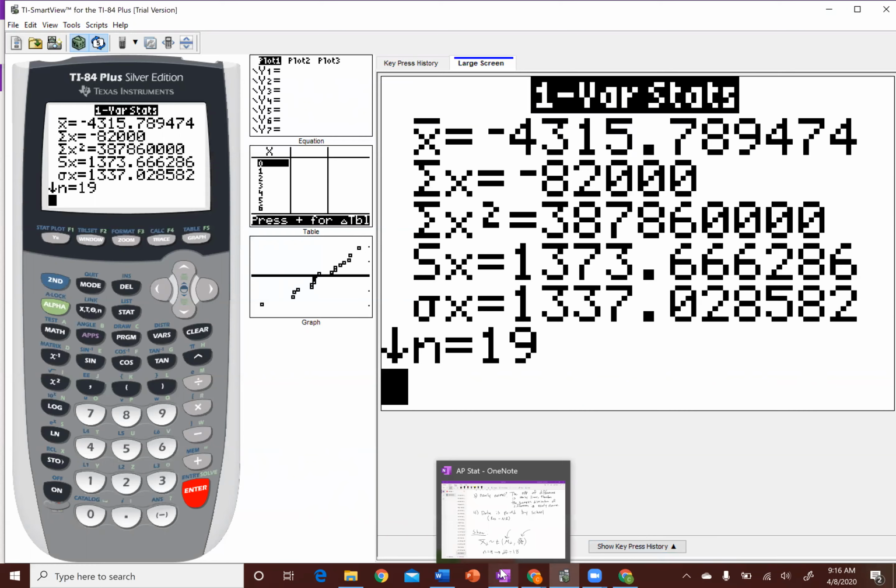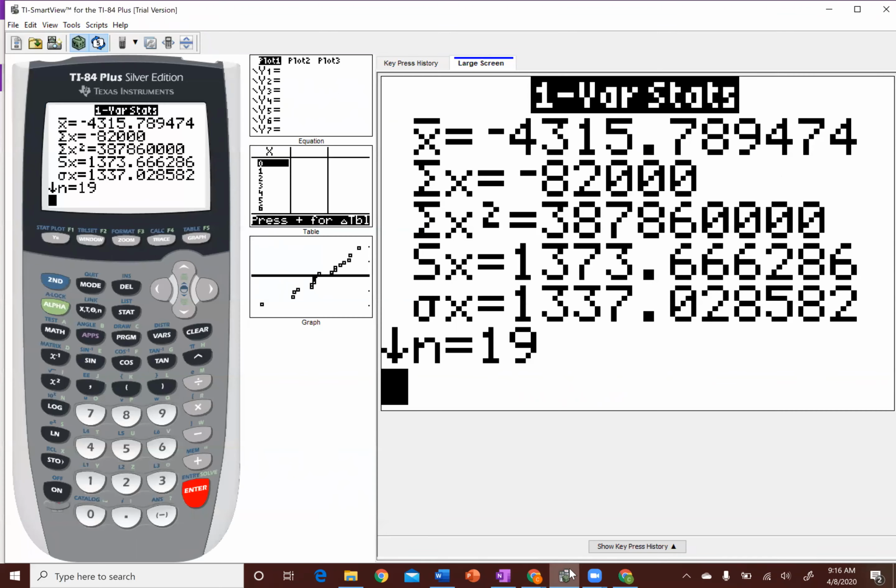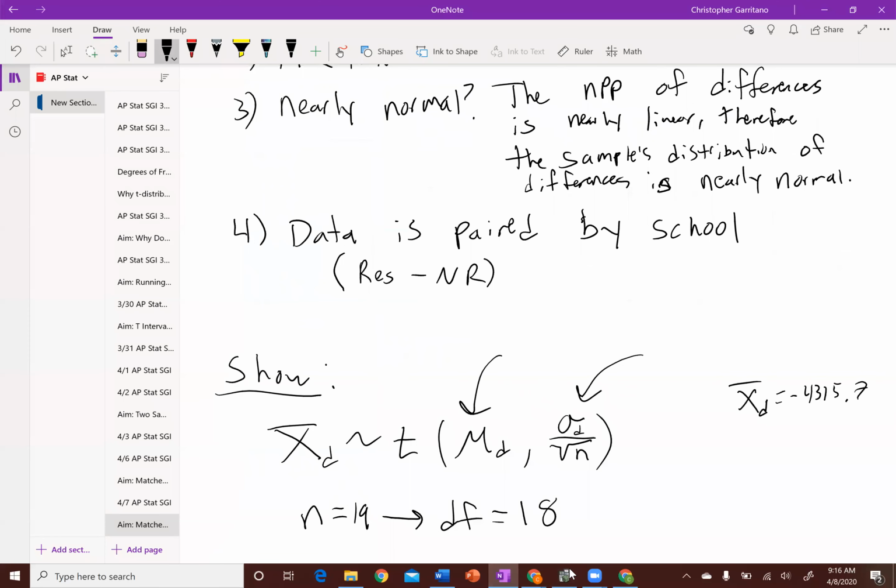Let's write that down. So x bar d is equal to negative 4315.79.